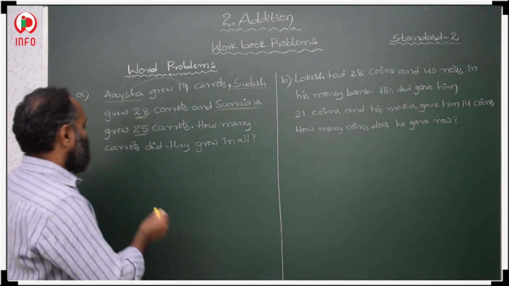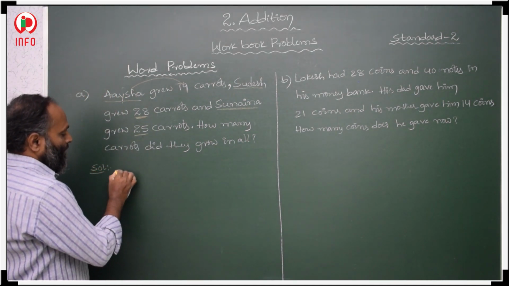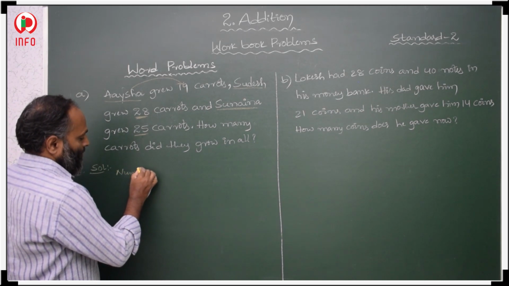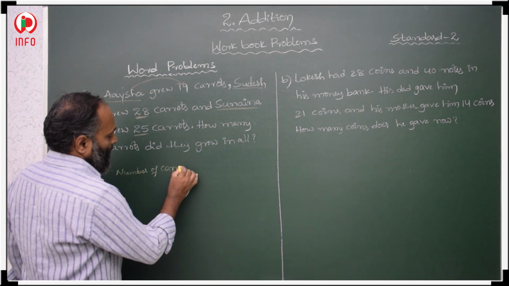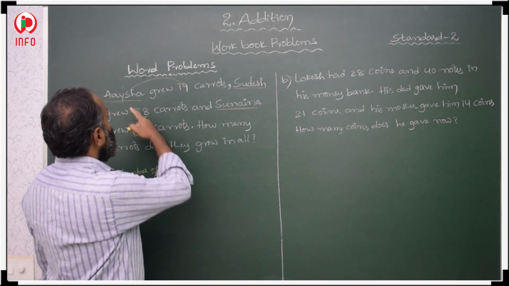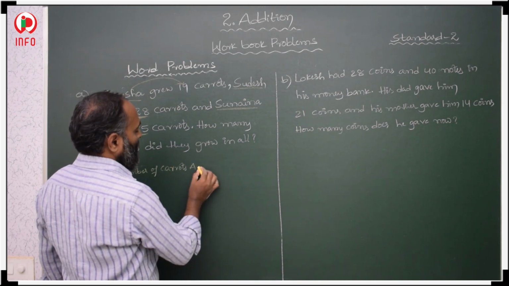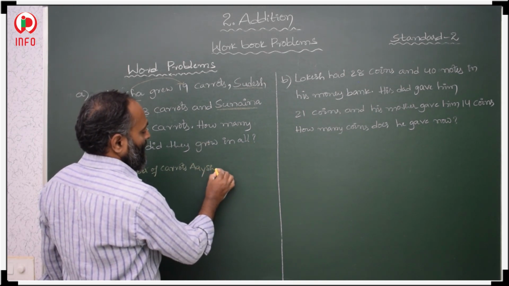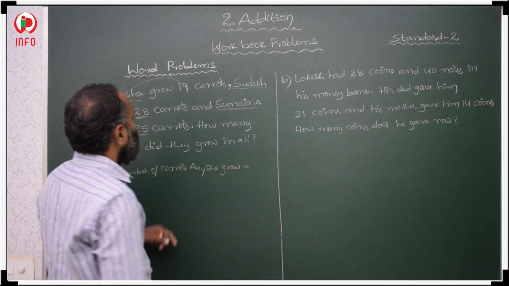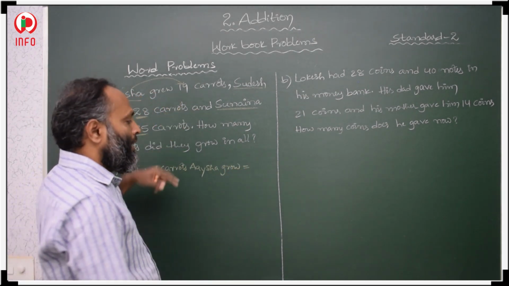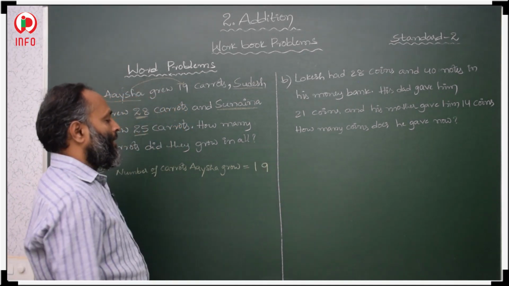Okay. First, here solution steps. First, number of carrots, Aisha. Aisha, spelling A-A-Y-S-H. Aisha grew how many carrots? 19 carrots. 1, 9. 19 carrots.